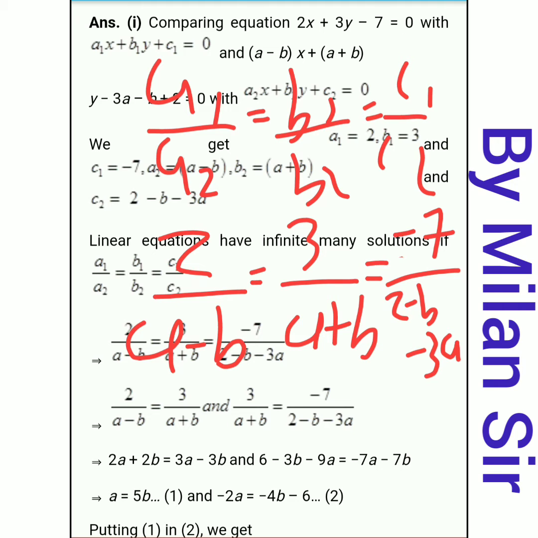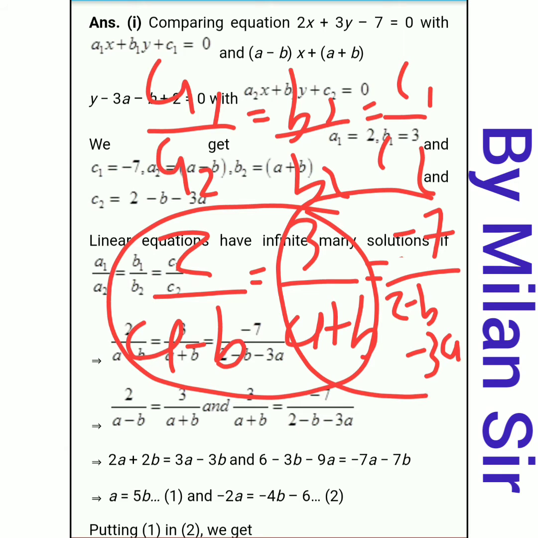Now we can compare any two out of these three terms. We are going with the first and second, and after that the second and third. Here we have linear equations in two variables, so to solve them we need two equations, so we need to compare two times.